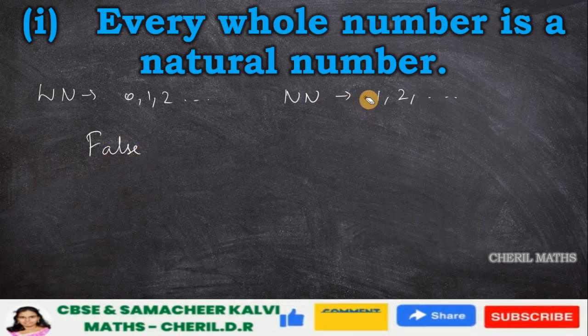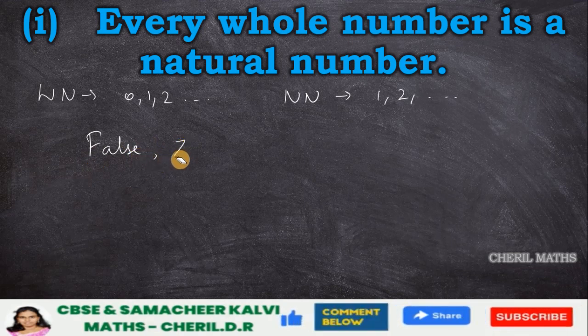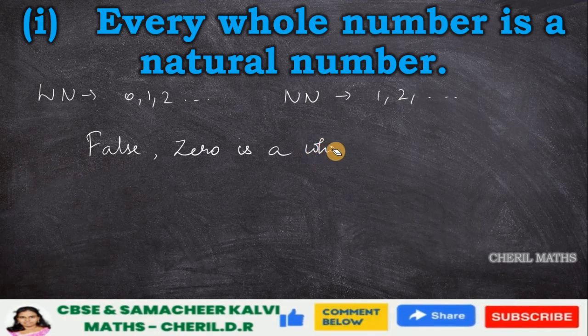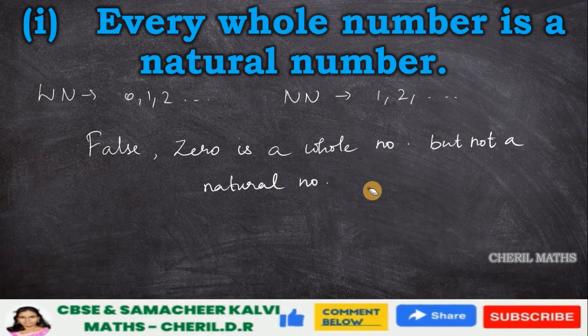The reason is that 0 is a whole number, but it is not a natural number. So this is the reason for the first question.